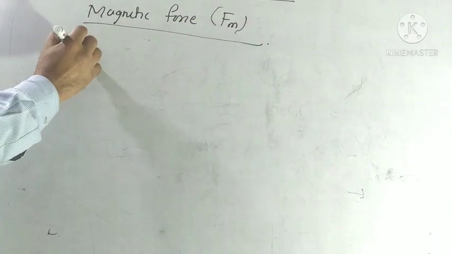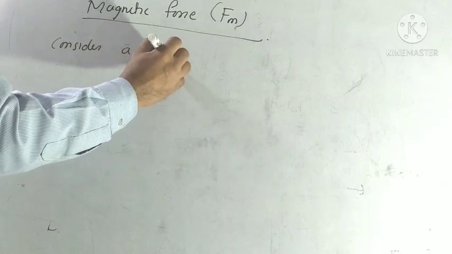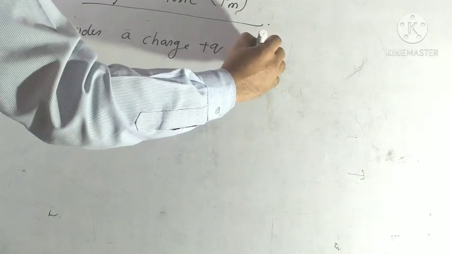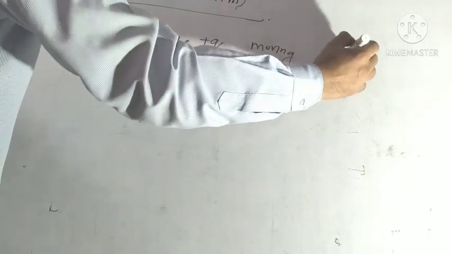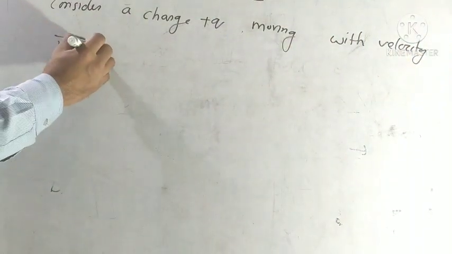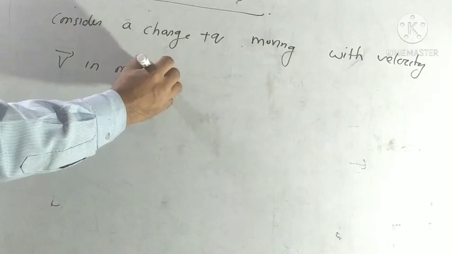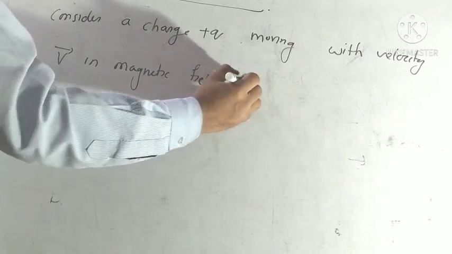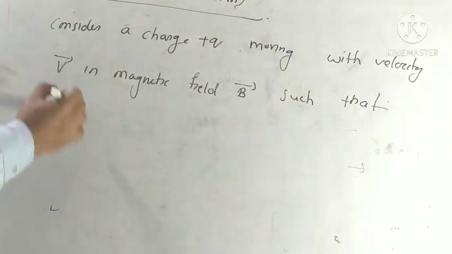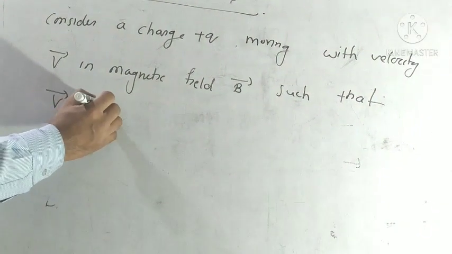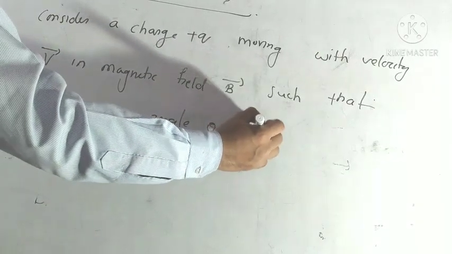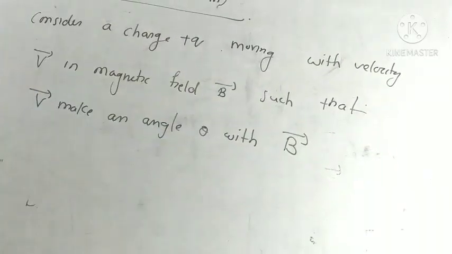Consider a charge plus q moving with velocity v in magnetic field B, such that the velocity makes an angle theta with the magnetic field.